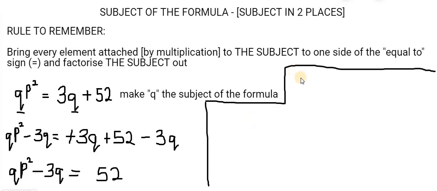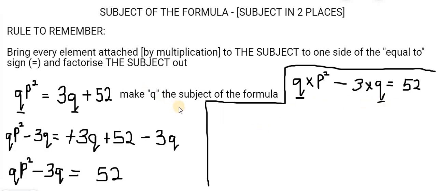Okay? So, that's Q times P squared minus 3 times Q. So breaking it down is equal to 52. Now we can see that Q is a factor here and Q is a factor here.